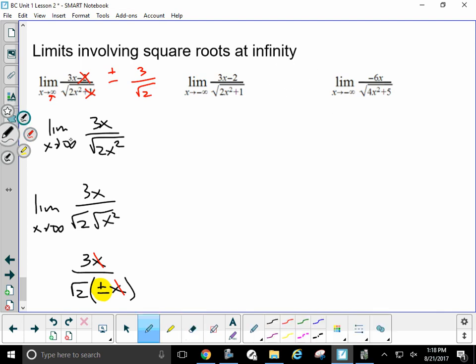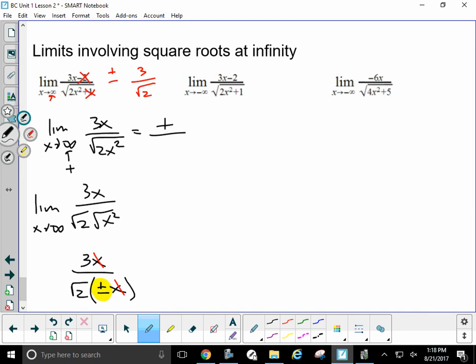Now, I kind of think about the signs of things and think about my properties of multiplication and division when dealing with signs. If I'm plugging in a positive large value and I multiply it by 3, I know my numerator is going to be positive. If I plug in a positive large value, square it, multiply it by 2, that'd be a positive, square root it.